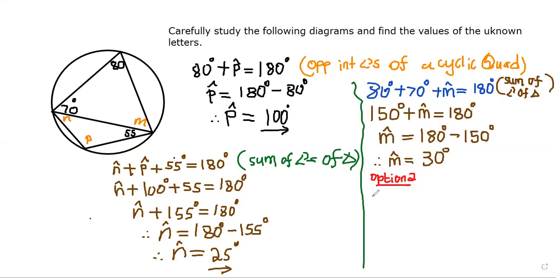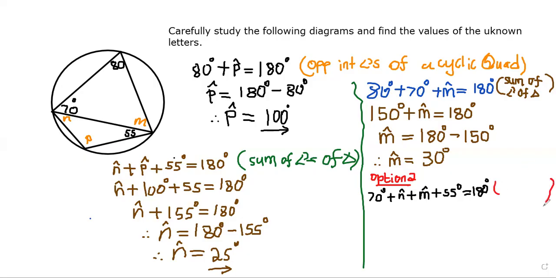So I'm going to say 70 degrees plus angle N plus angle M plus 55 degrees is equals to 180 degrees. So that is opposite interior angles of a cyclic quad are supplementary.